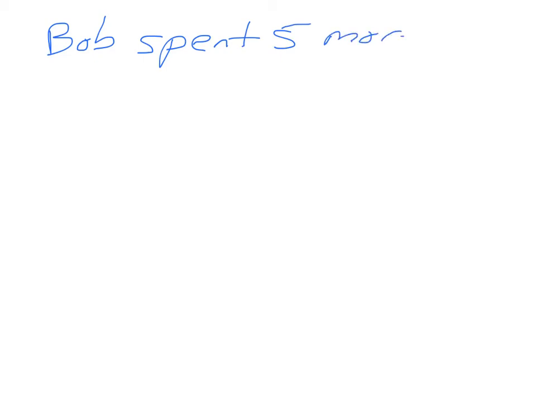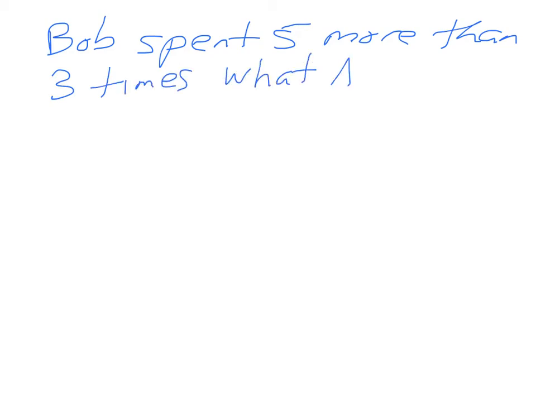So let's look at a simple example here. And the rule kind of is this. Bob spent 5 more than 3 times what Anna spent.